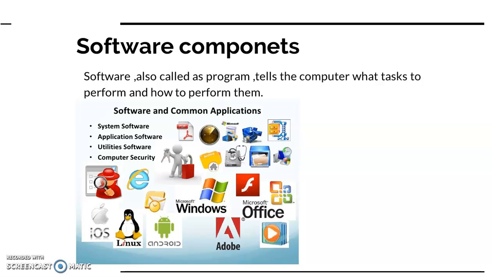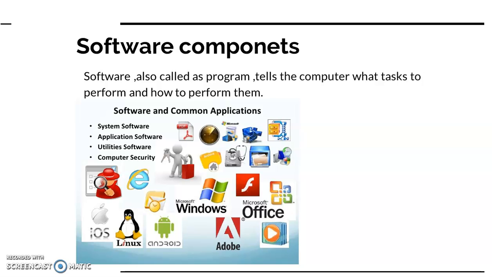In this figure you can see that there are software and common applications. Software can be of various kinds, for example system software, application software, utility software, computer security programs.